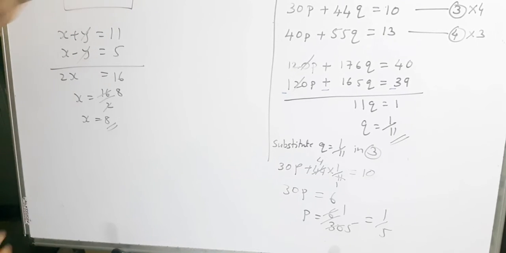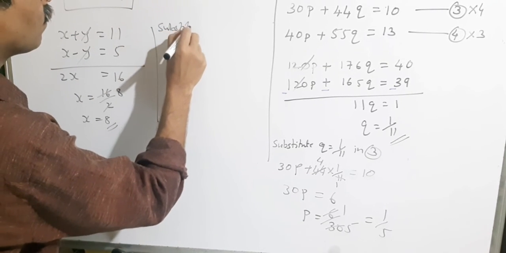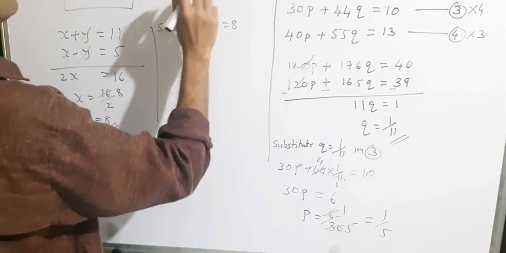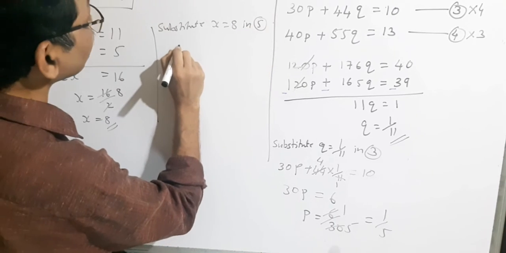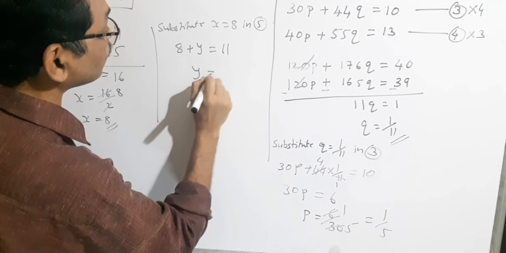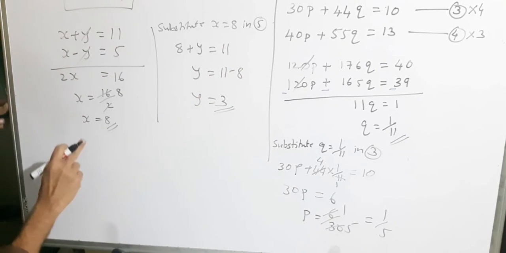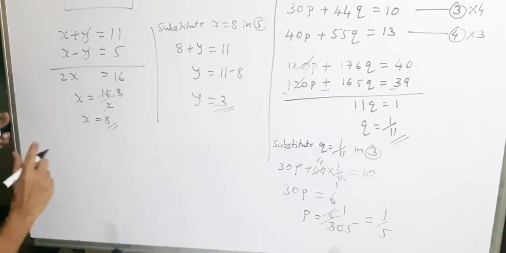And to find the value of y, substitute x is equal to 8 in either 5 or 6. I'll substitute in 5. In 5, we'll get 8 plus y is equal to 11. Therefore y is equal to 11 minus 8, and therefore y is equal to 3. So we got the value of x is equal to 8 and the value of y is equal to 3. What is our x?